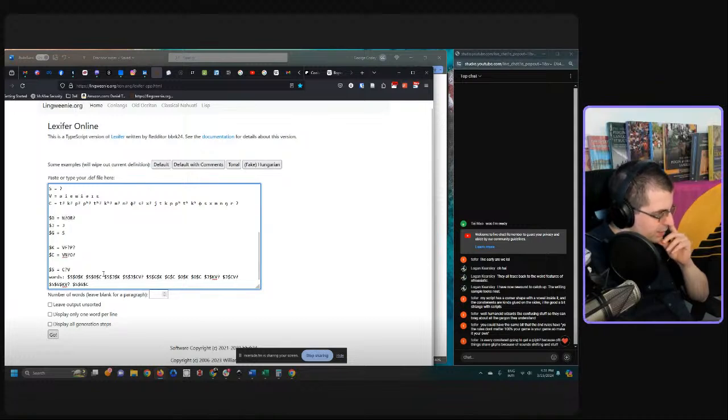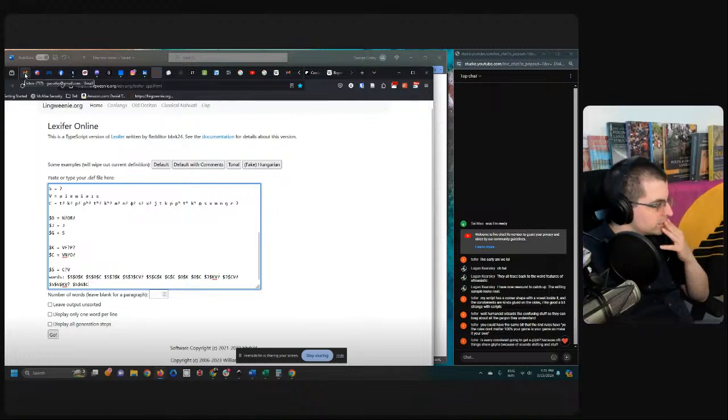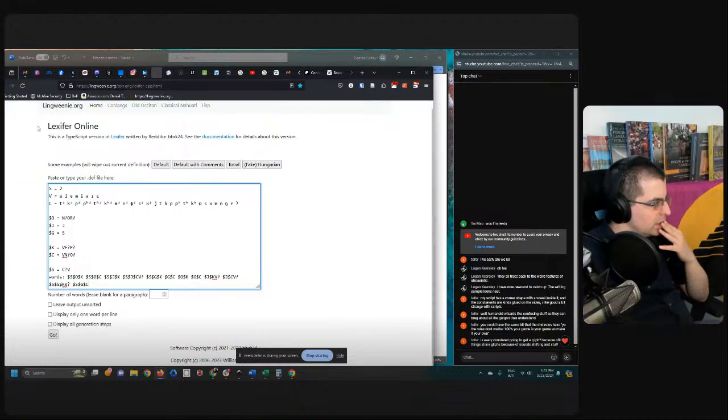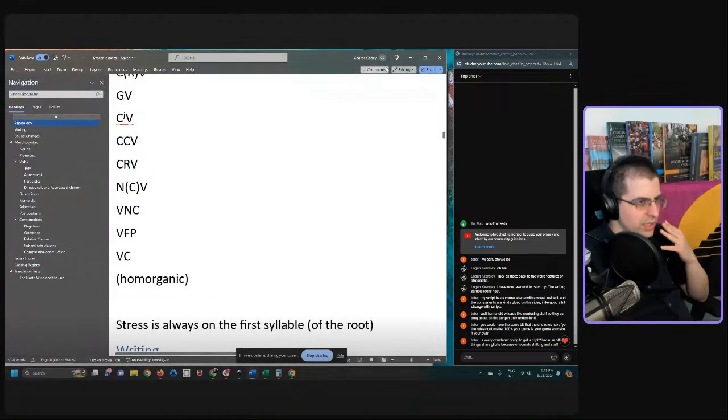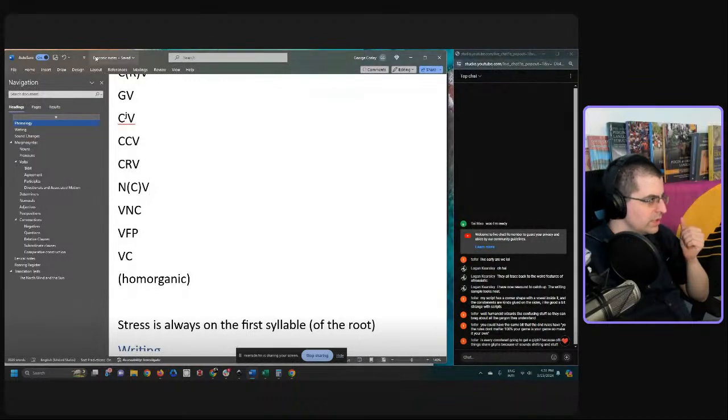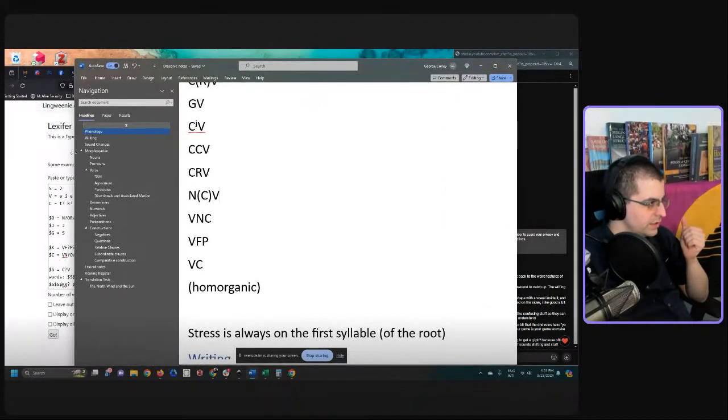And then I have a bunch of combinations, but we generally have, okay, let's see. Okay, let's look at that while I look at this, so I can actually sort out what the maximal syllable is.